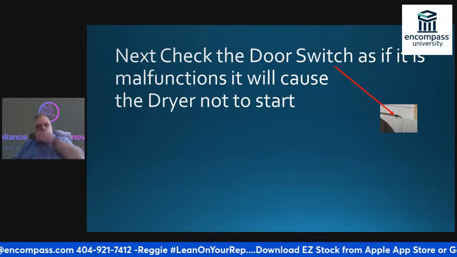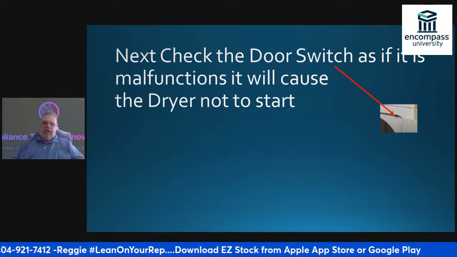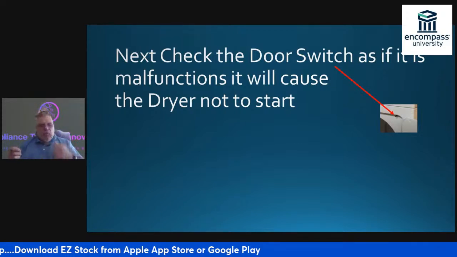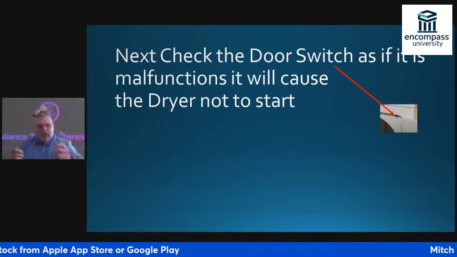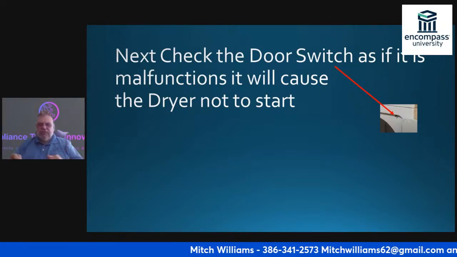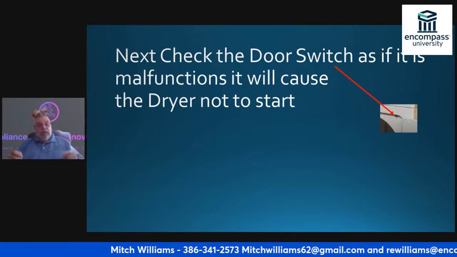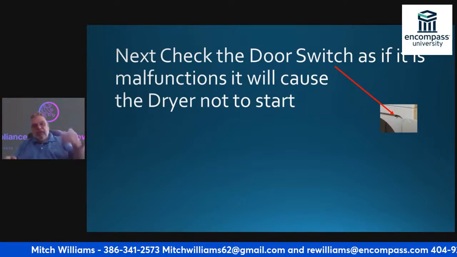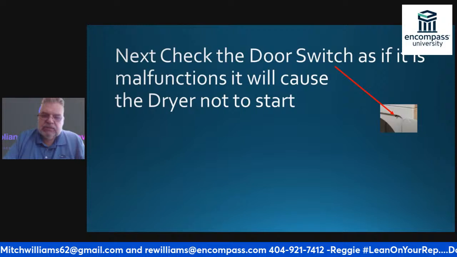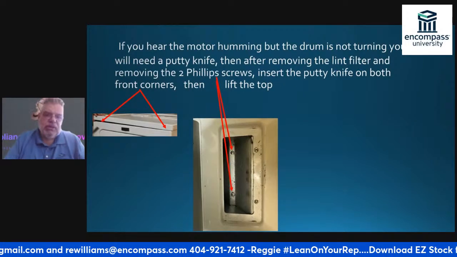No. You may have to lift the top, pull one of the wires off, and go between that switch and click it to see if it is actually telling the controller that it's good, which is also the timer.